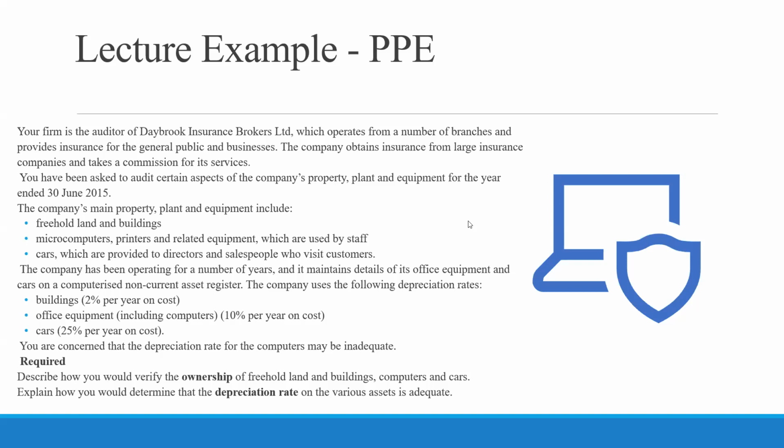So let's go to the second question, depreciation rate. Building, 2% per year on cost. Is this okay? Now we are the auditors for this company. We want to determine the adequate depreciation approach for building, which has been applied as 2% on cost. Do you agree with that?